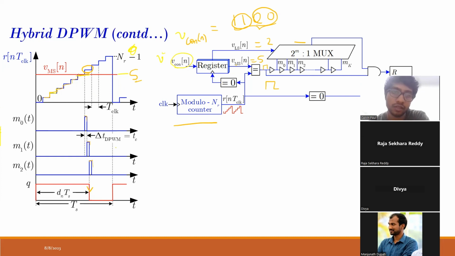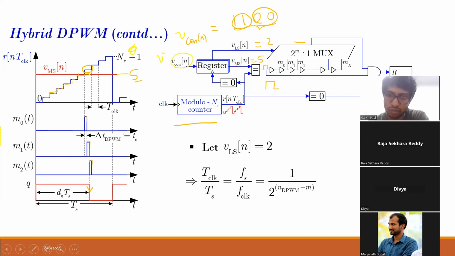So if we use this method, the required clock frequency is less and the number of bits required also changes. If there are no doubts, I'll proceed further.